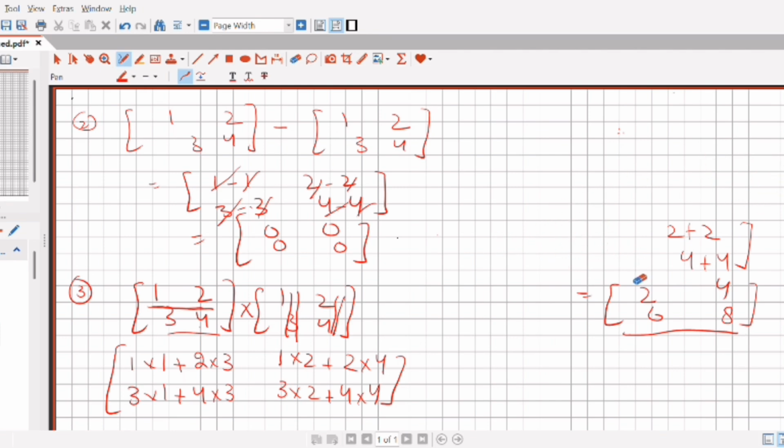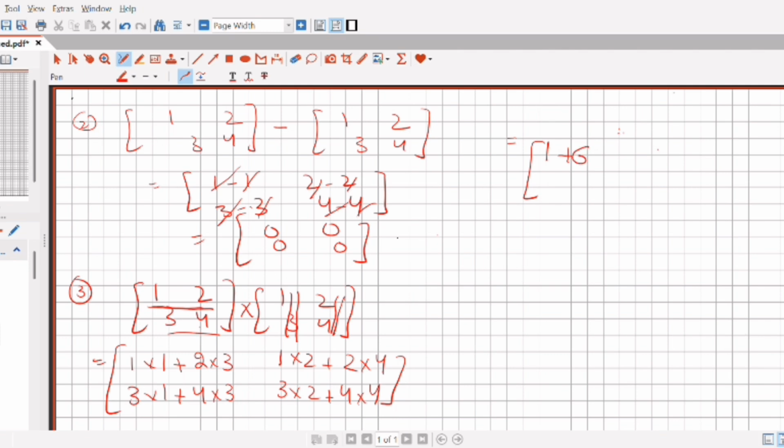So after simplification we get, I missed the equal sign, okay: 1 cross 1 is 1 plus 2 cross 3 is 6.